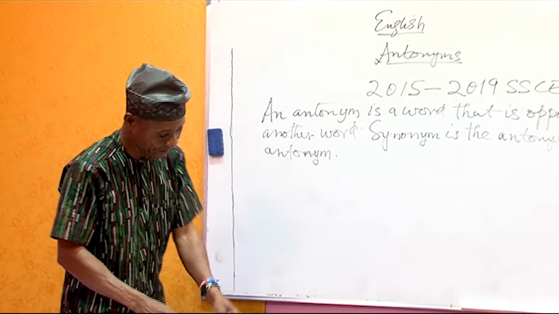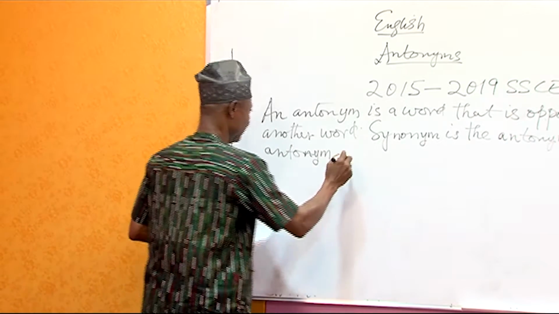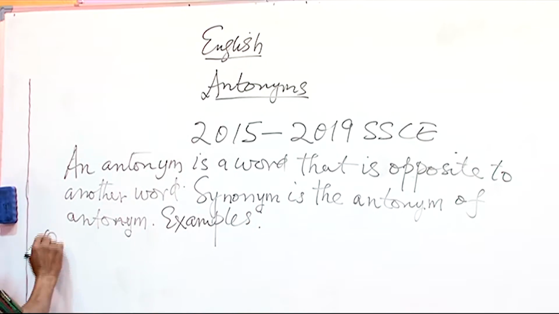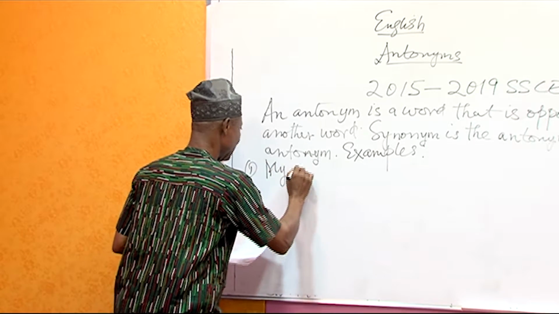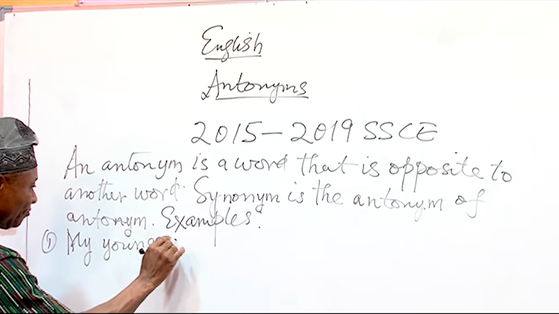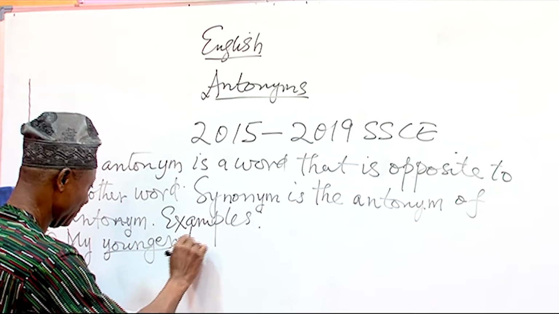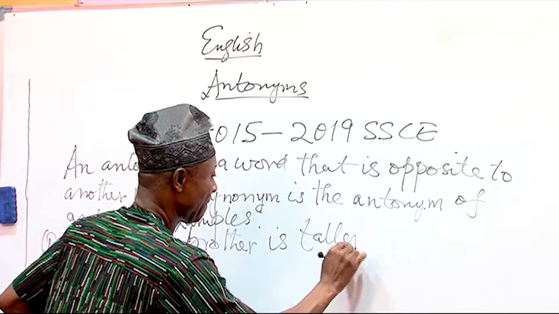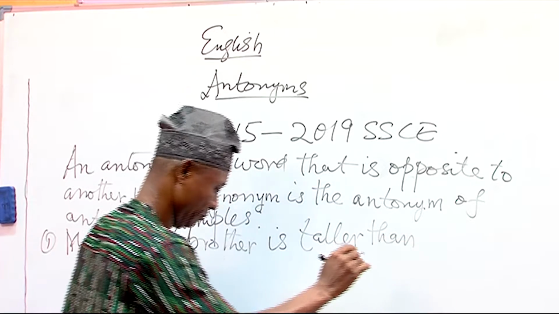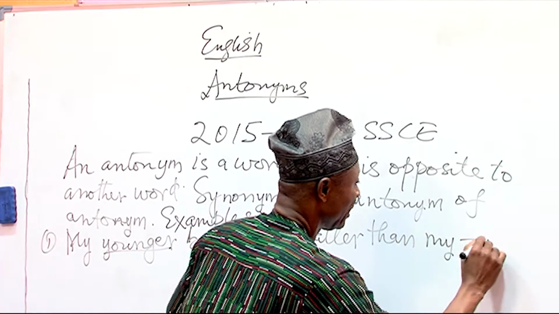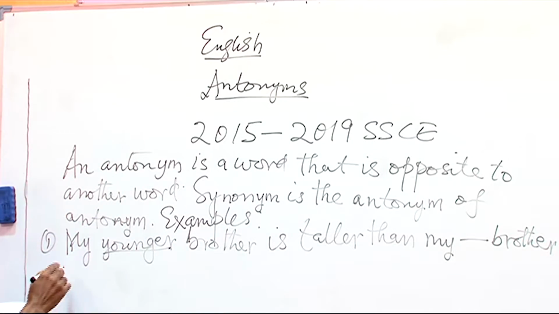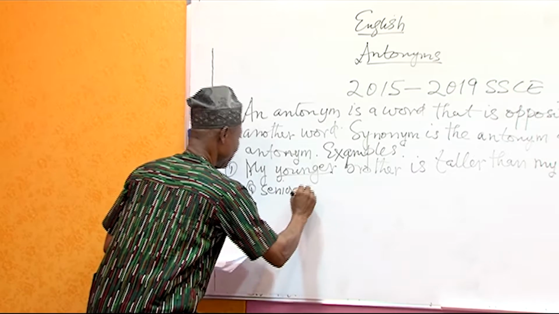If I say, my younger brother is taller than my dash brother, and we have the following options: A, senior.